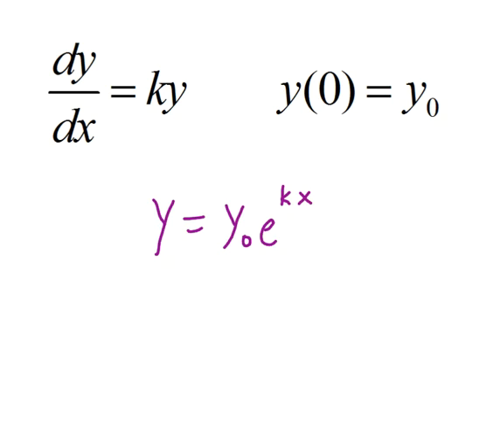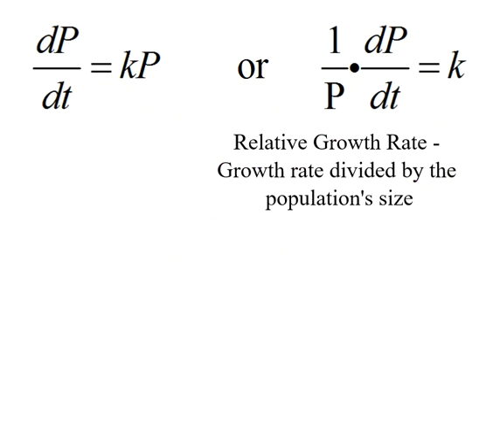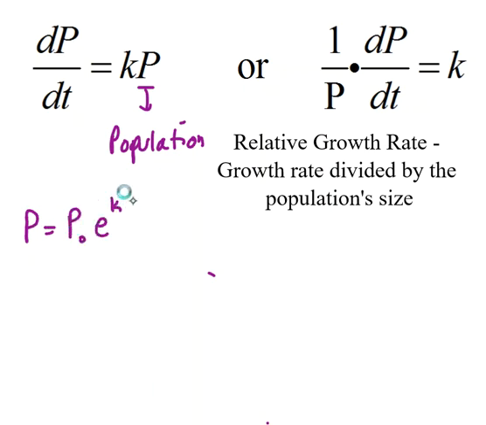We can do the same thing with P. So if I have dP/dt is equal to kP, usually P is representing the population. If I wanted to show this growth, that's going to be P is equal to our initial population, P0, e to the kt.